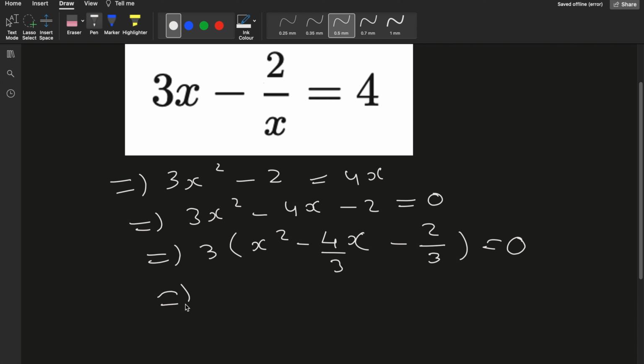Now let's divide both sides by 3. I mean, it wouldn't matter, but you could do it either way. You can keep it or remove it. So it would be x squared minus 2 into (this divided by 2). So 4 divided by 3 divided by 2 would be 4 divided by 6, that is 2 divided by 3 x minus 2 divided by 3 equals 0.